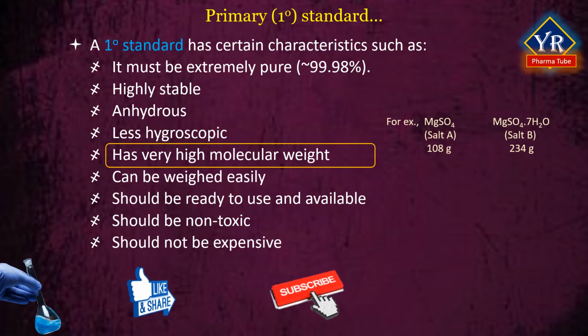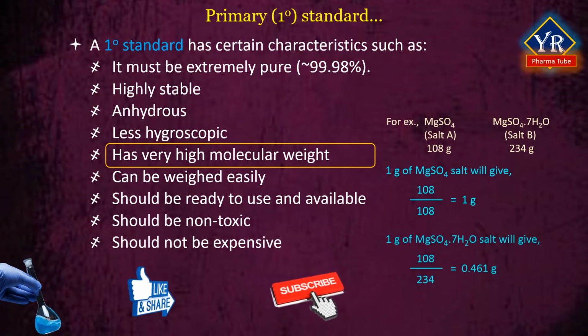In the case of one molecule of salt A, the weight of actual MgSO4 will be 108 atomic mass unit, but in the case of one molecule of salt B, the weight of actual MgSO4 will be 108 out of its total weight of 234 atomic mass unit. 108 gram of salt A, that is MgSO4, will give 108 gram of MgSO4.